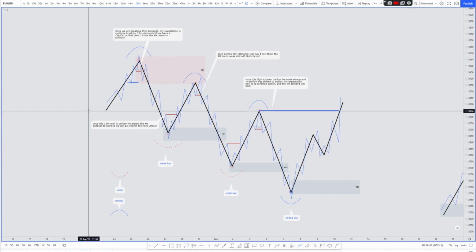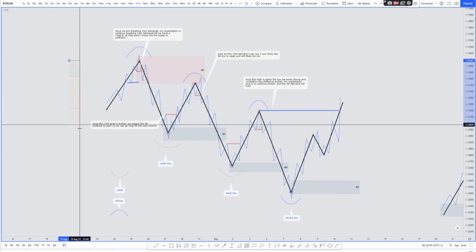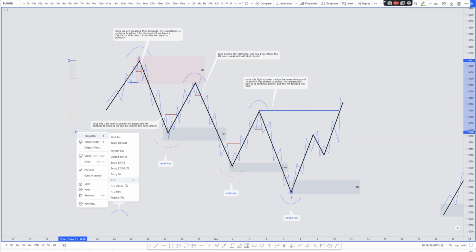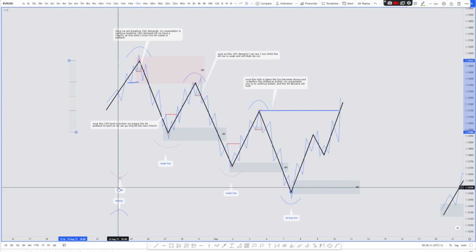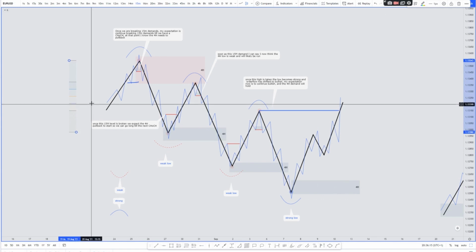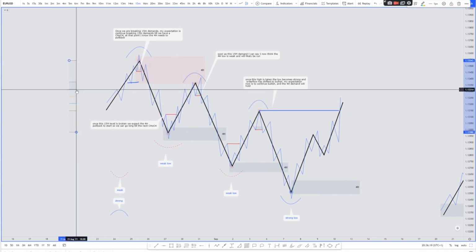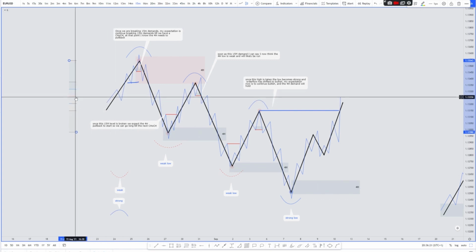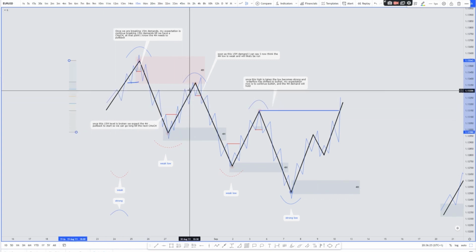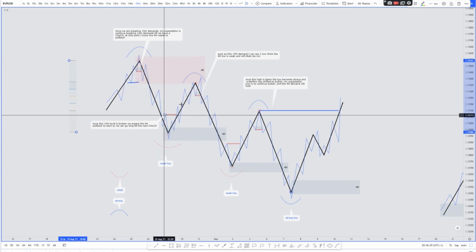And again, we can use our little friend, the fib, pulled from the high of the impulse to the low of the impulse. And the idea is that we can start playing this pullback to at least a relative equilibrium territory. Once we get above this relative equilibrium, we're expecting the 4-hour bearish trend to take over.